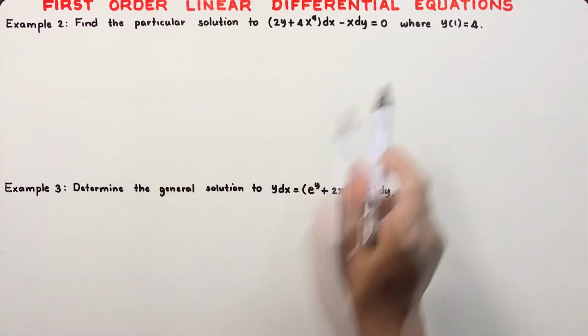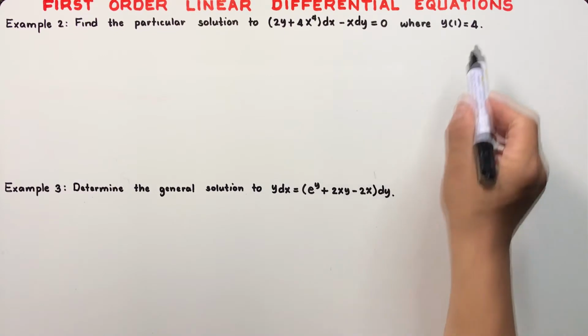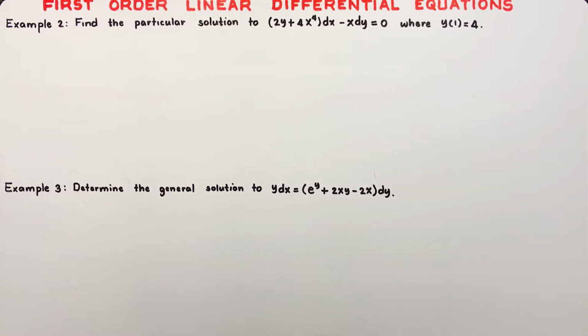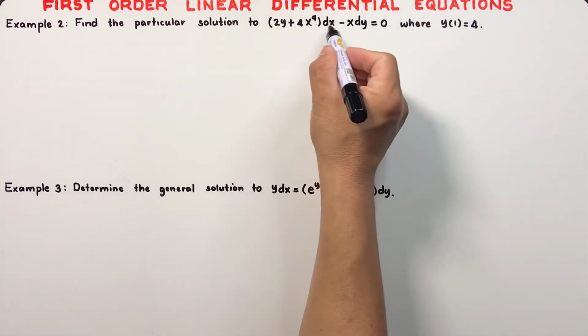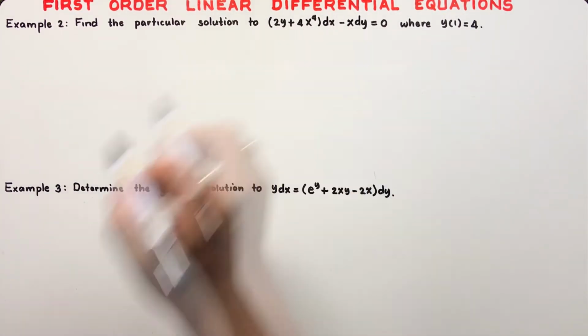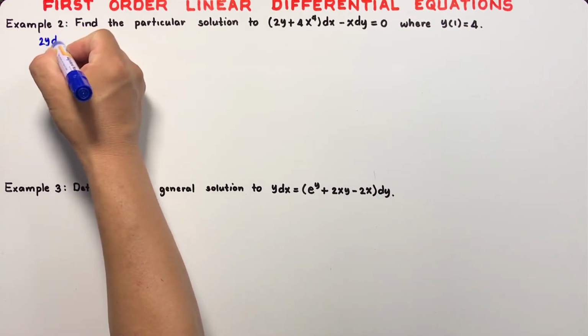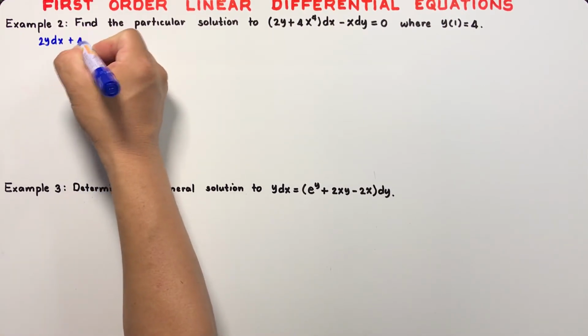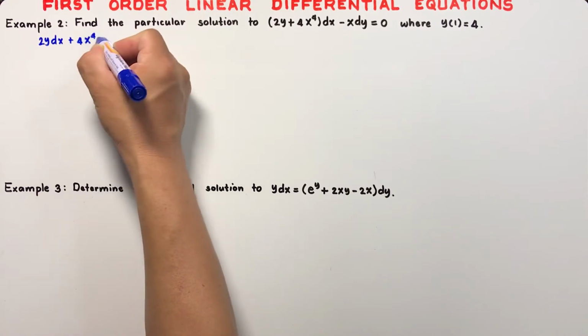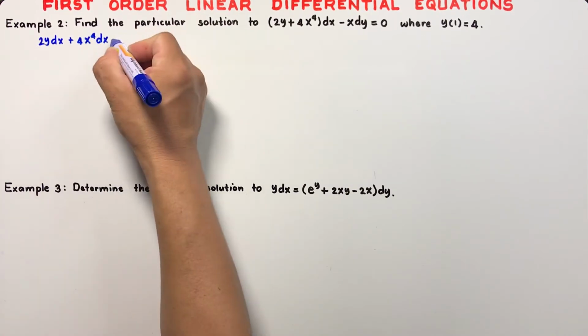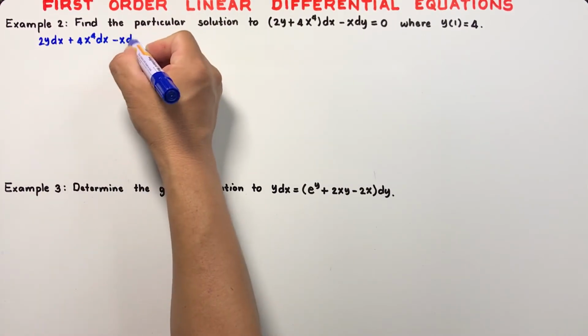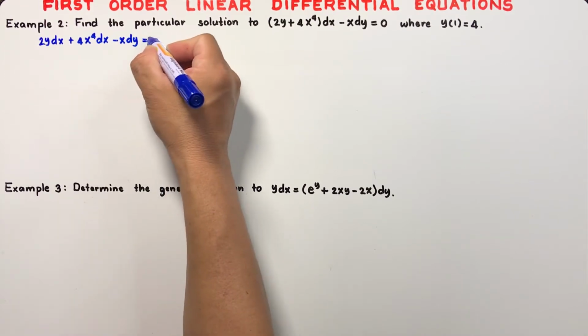So this is an initial value problem because we have here an initial condition. So to solve this problem, we need to distribute this dx to these two terms here. So we have 2y dx plus 4x to the power of 4 dx minus x dy, which is equal to 0.